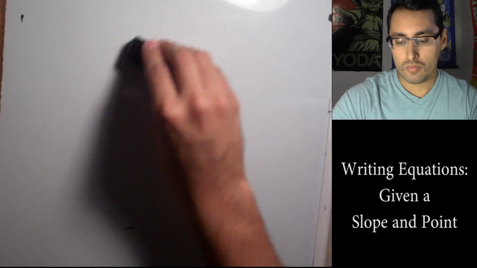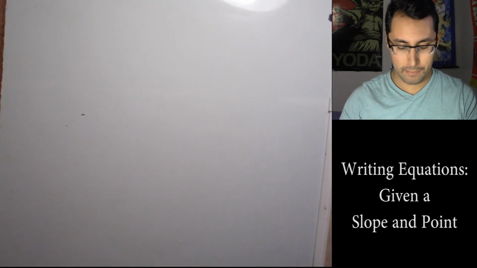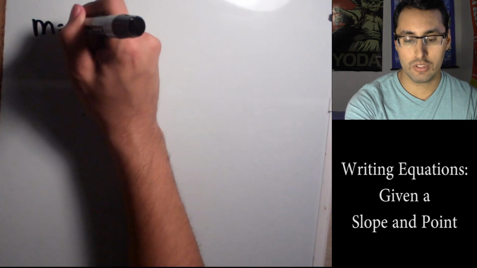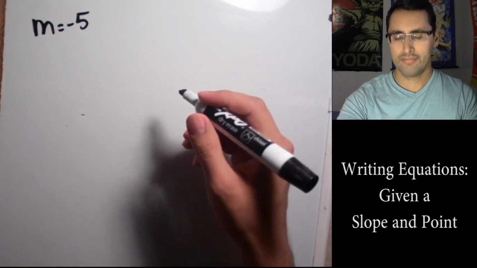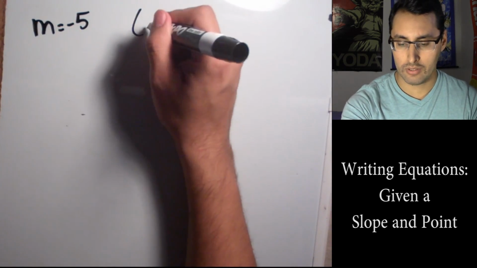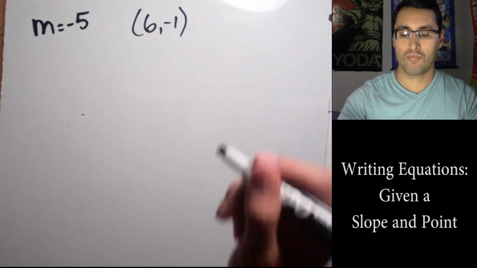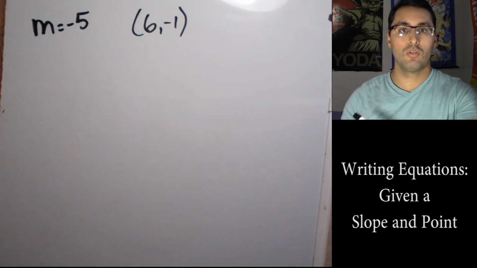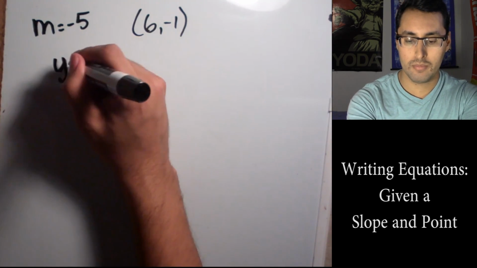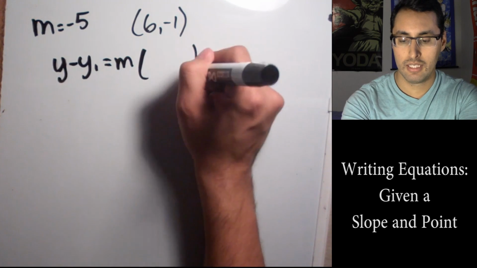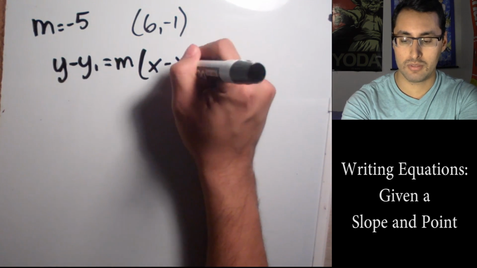Alright, so let's remember those steps that we had. So the next one is where I give you m equal to negative 5. And the second one, our point is going to be 6 and minus 1. Okay, so given this, I'm just going to write point slope form. Y minus y1 equal to m, and then parentheses, x minus x1.